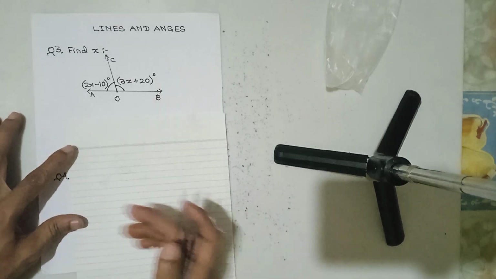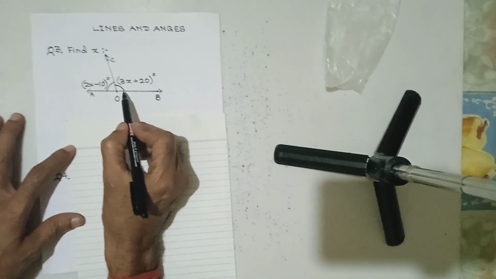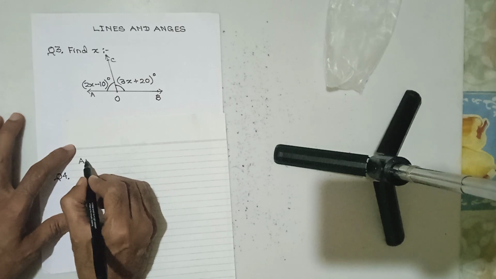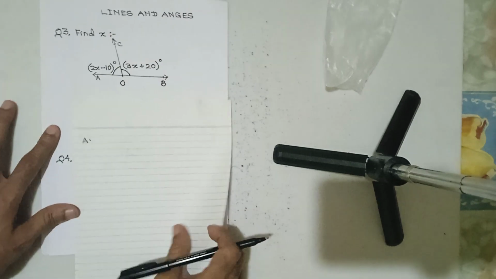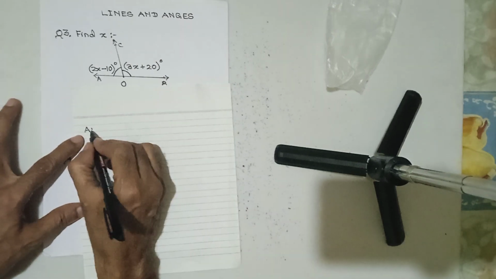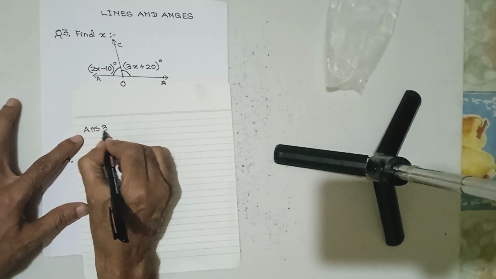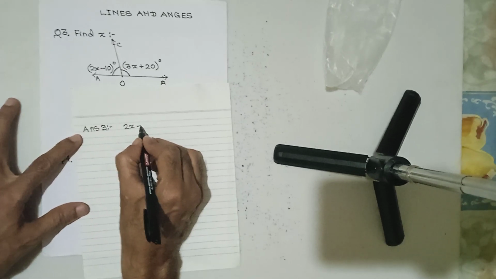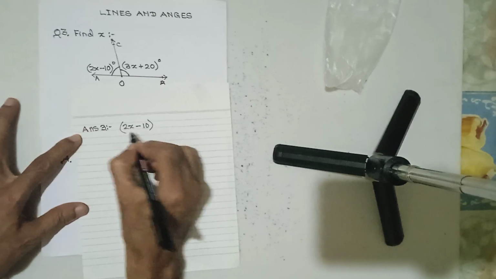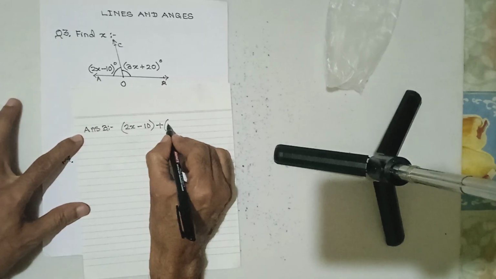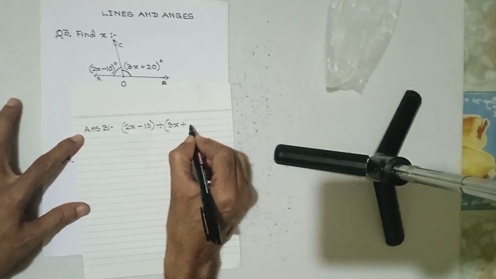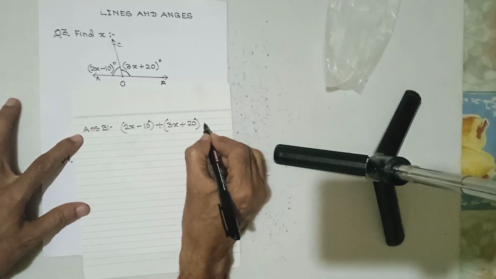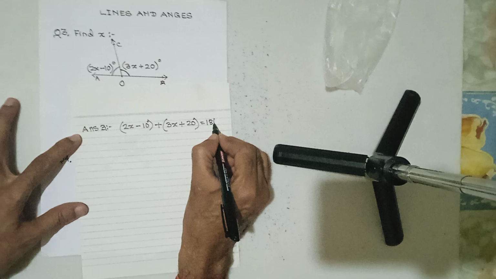So here both are a linear pair, so their sum would be 180 degrees. Answer 3: both are a linear pair. Therefore their sum will be equal to 180 degrees.